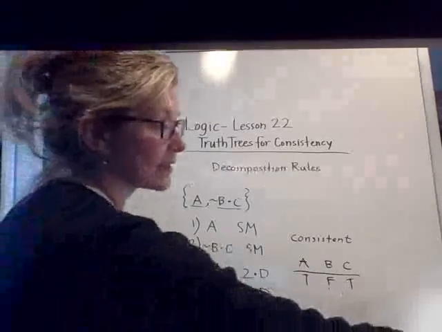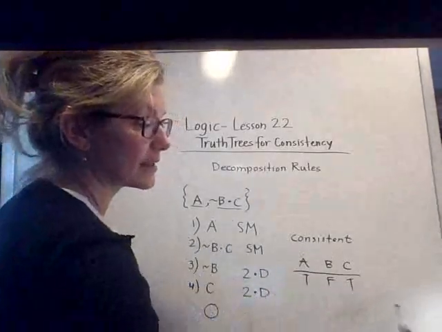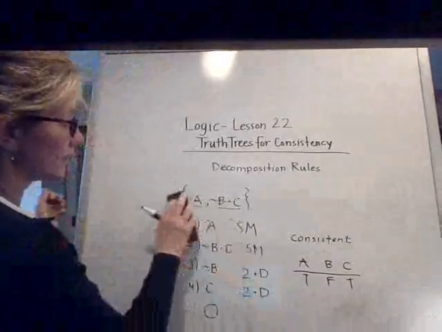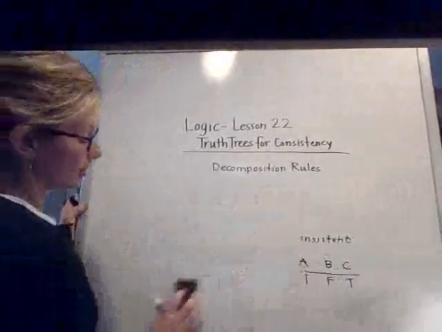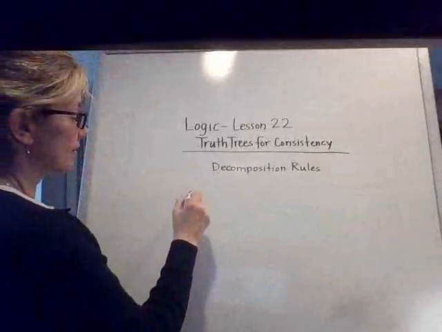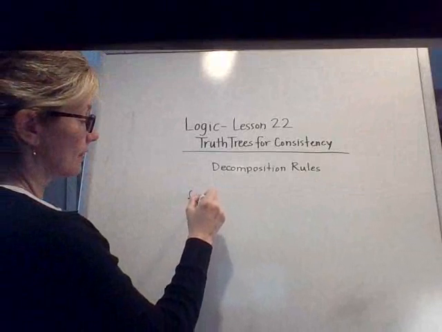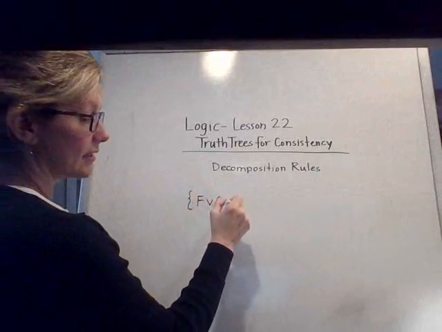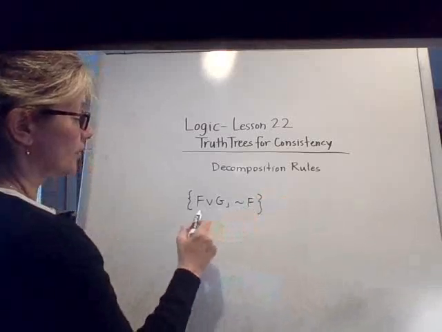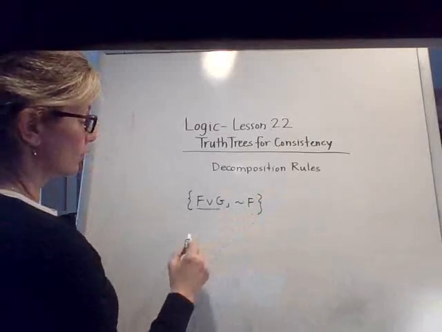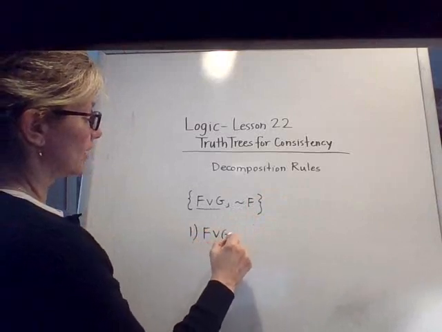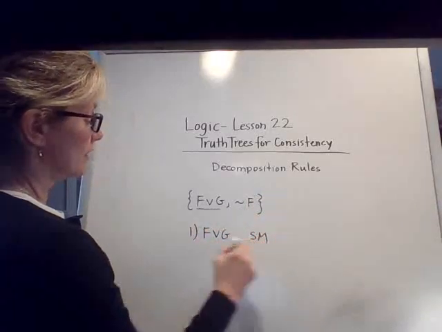All right, we'll do another example. Let's do an example with a disjunction this time. We're given this set here, F or G, and then not F. Each member gets its own line to start with. So line 1 would be F or G, set member.